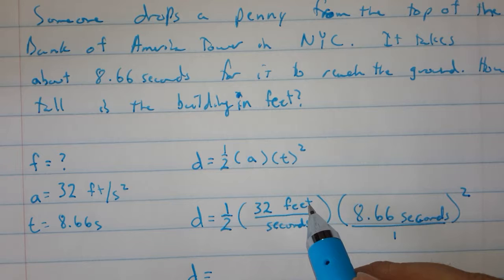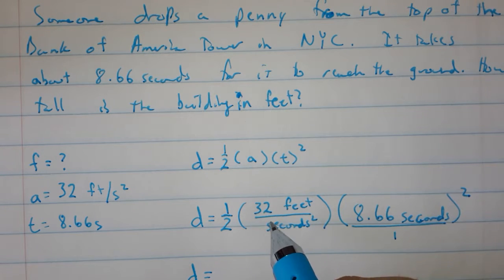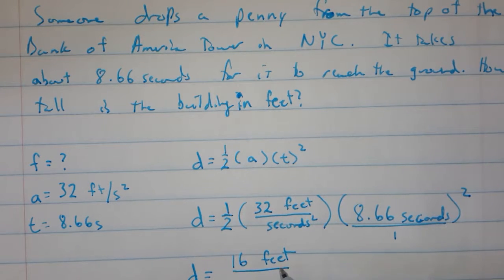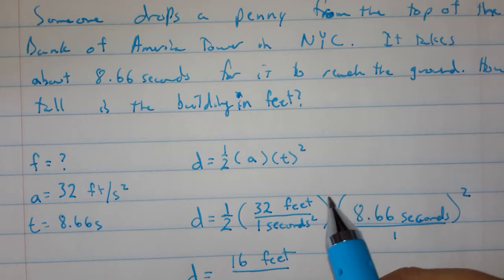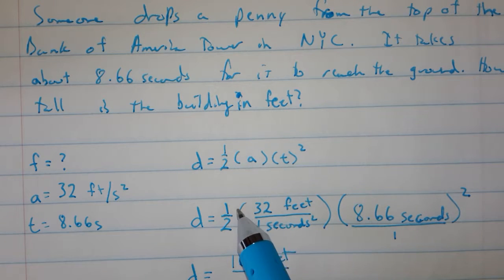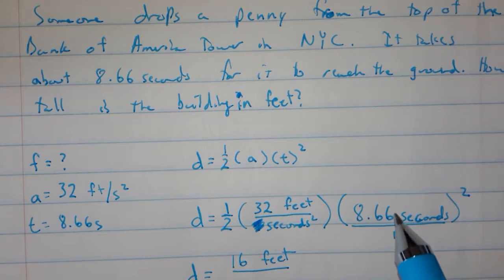Half of 32 feet is going to be 16 feet. And this is kind of like just 1 second squared. If there's nothing in front of it, it's implied that there's a 1. That's not going to help us at all, so let's not even put it there for now.